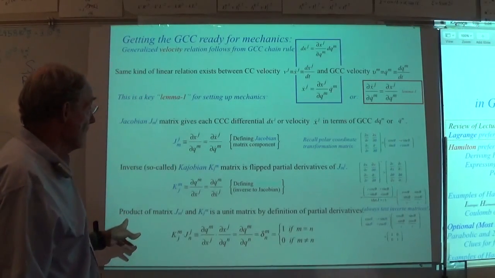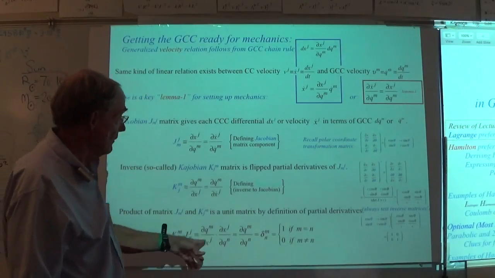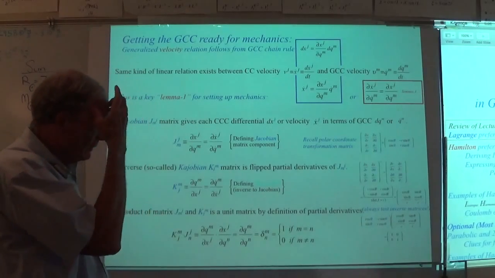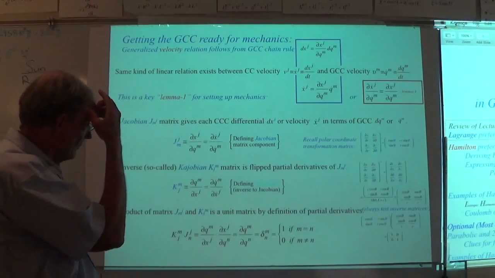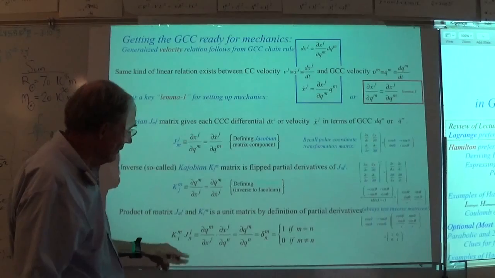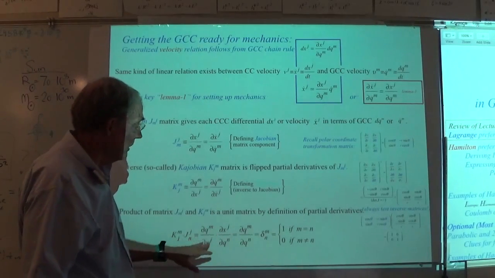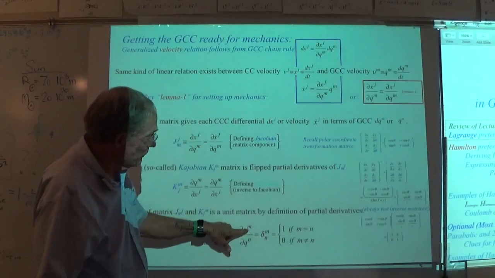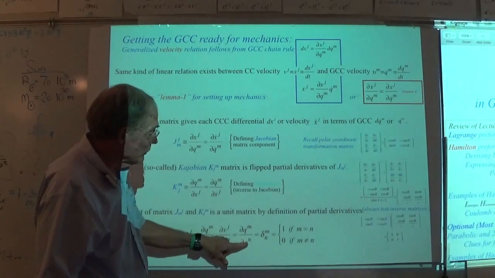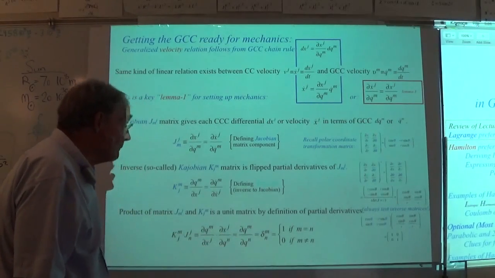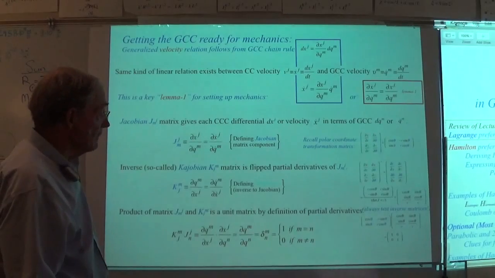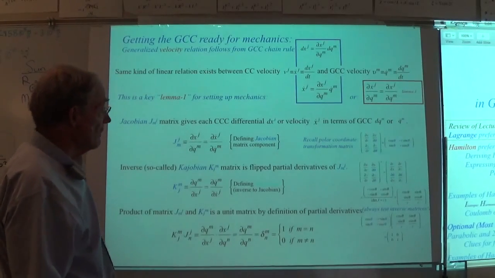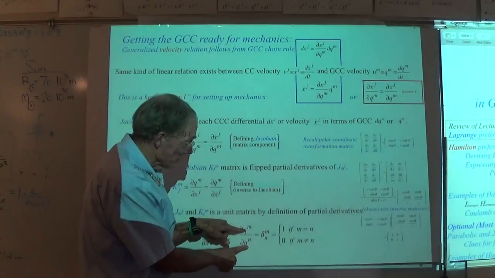Okay, so the product here is written out in the notation that uses this tensor notation. That is, I'm summing over J here, summing over J here. It's just a rewrite. And I'm getting the partial derivative of Qm with respect to Qn. Well, by the definition of partial derivatives, that should be 0 if they're independent variables that are different.